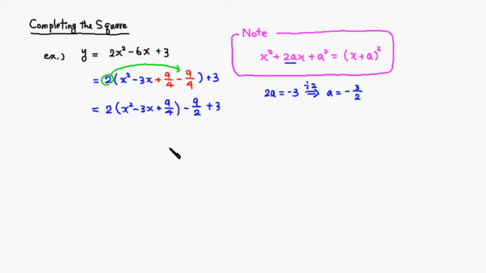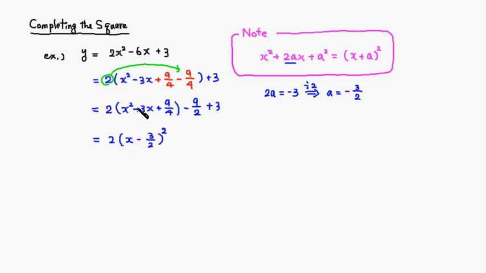Then we can complete the square. So this is equal to 2 still there, and these three terms become the quantity x plus a, where a is negative 3/2, which is the same thing as 1/2 of that number. So it's going to be negative 3/2, raised to the second power.